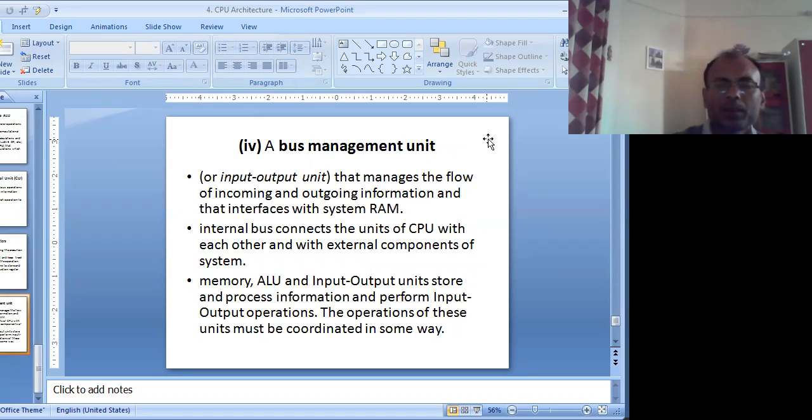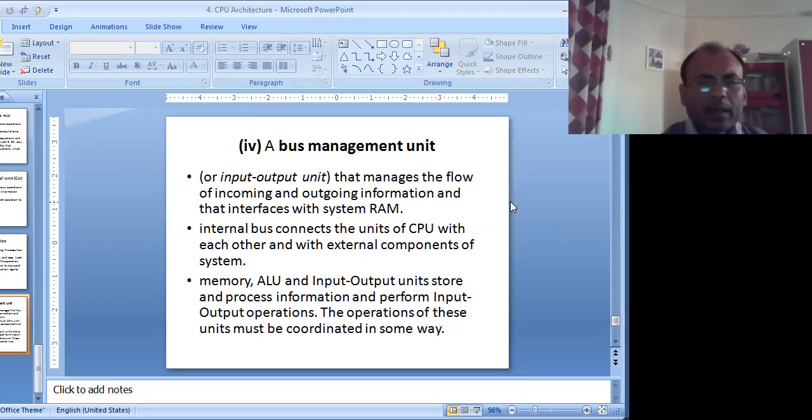The bus management unit, as I told recently, is the input-output management that manages the flow of incoming and outgoing information from inside the CPU to its outside world. And from the CPU to the outside world, information actually goes to RAM, or the CPU directly accesses the RAM, random access memory.